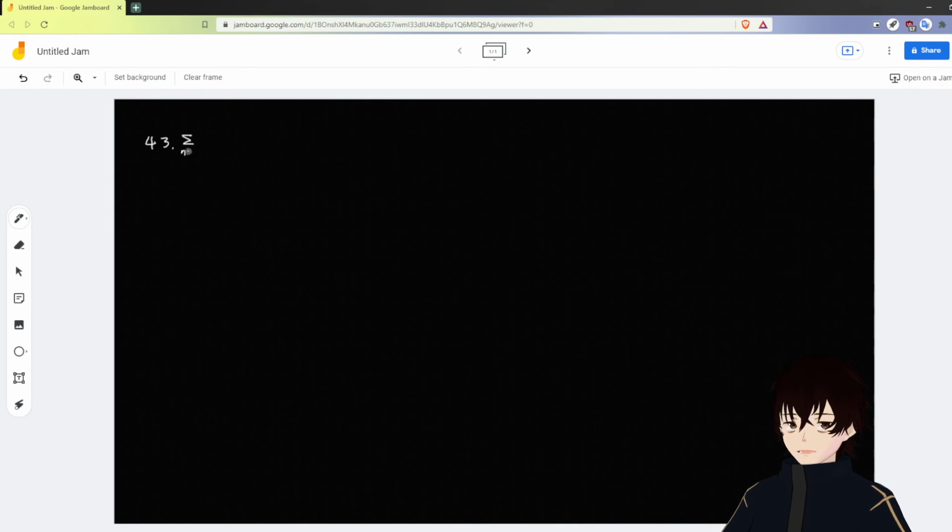Wait, no. n from 2 to infinity of 2 over n squared minus 1. We can rewrite that as the sum from n equals 2 to infinity of 2 over (n plus 1)(n minus 1), which is equal to, hang on.